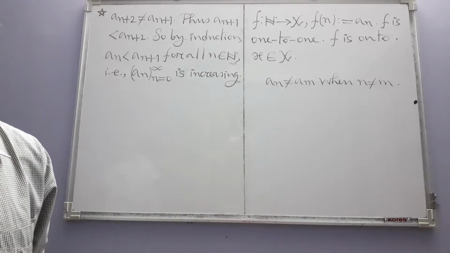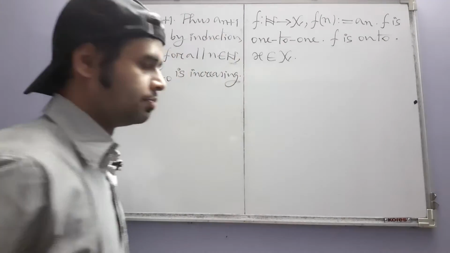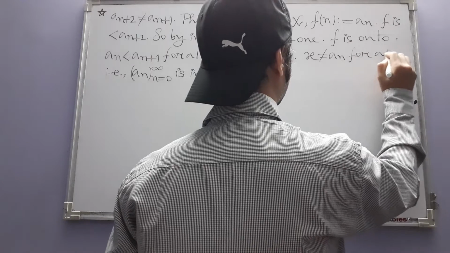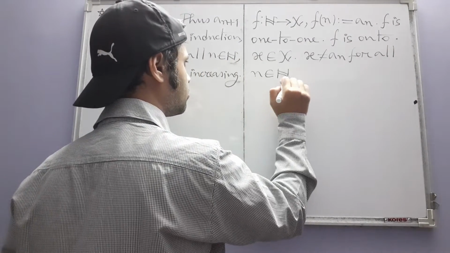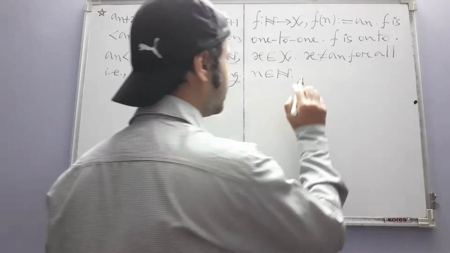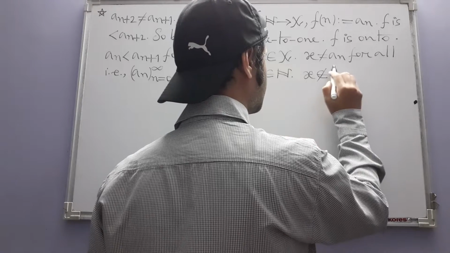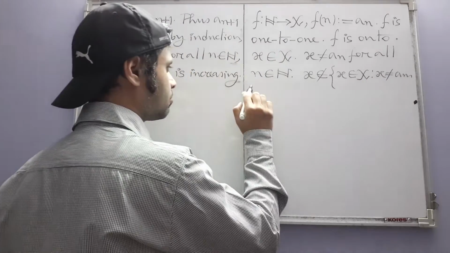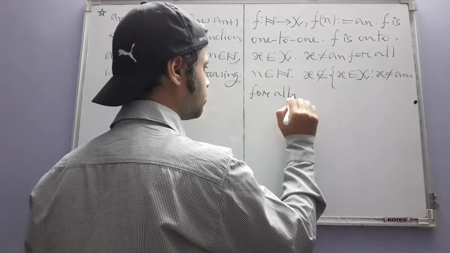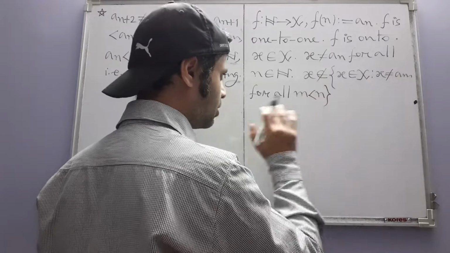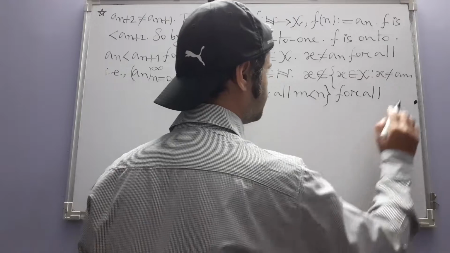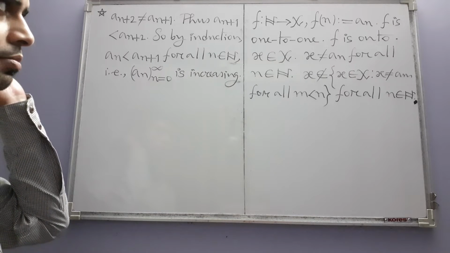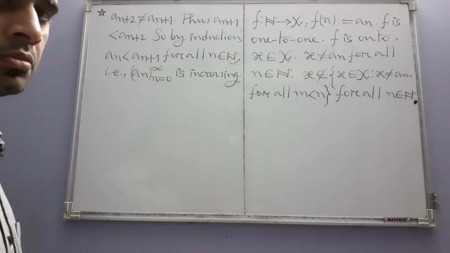But the supposition is that, say that is not true, that x is not equal to a_n for all natural numbers n, then it automatically follows that x also does not belong to this set for all m less than n. x does not belong to this set for all natural numbers n, right?